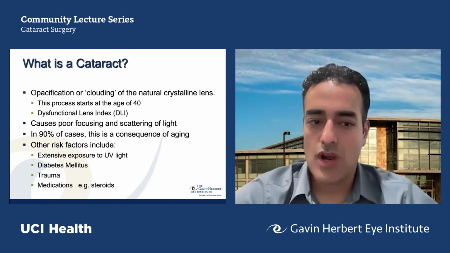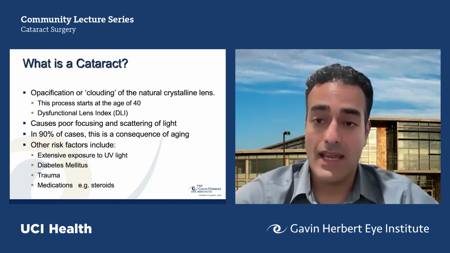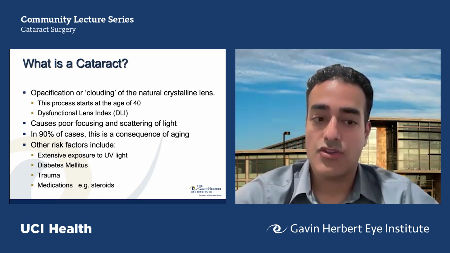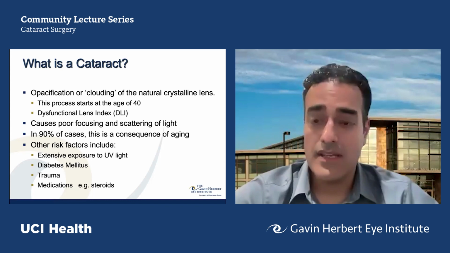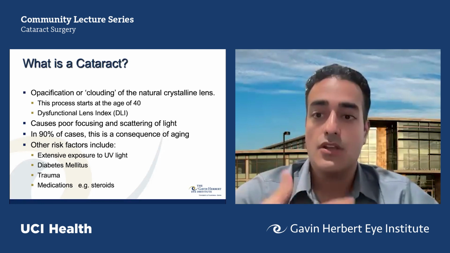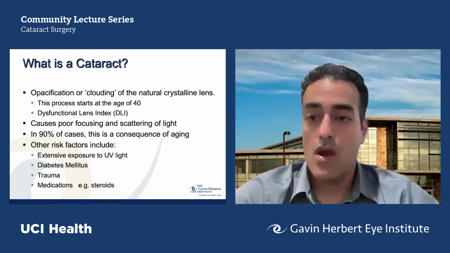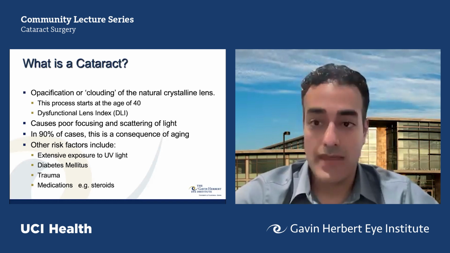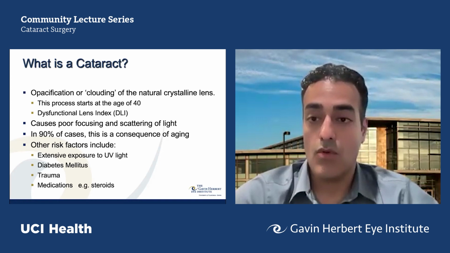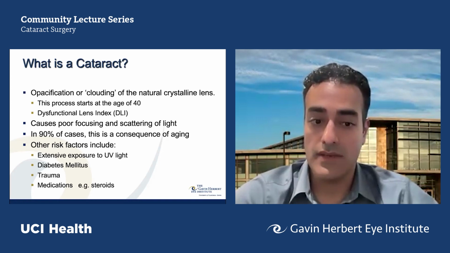We mentioned trauma, but any sort of severe trauma to the eye can cause a cataract to occur at a younger age, or if there is a cataract present, to start maturing at a faster rate. And then various medications potentially will have side effects that can cause a cataract that would have ultimately progressed to start progressing a little bit quicker. One of the more common ones is steroids. So that could be various inhalers, or taking a steroid orally, or even injections.